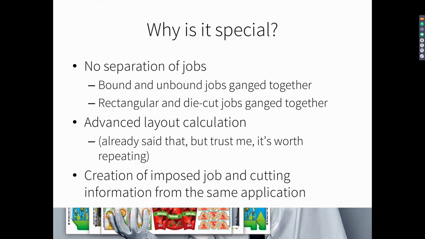For example, if you have a bound job that has a cover to be printed on a particular material, and you also have other flyers or cards that need to be printed on the same material, then those two can be combined on the same sheet, which means that Imp can optimize your workflow, the work that needs to be printed, much better than applications that would only handle bound products. And the same goes for rectangular and die cut jobs.